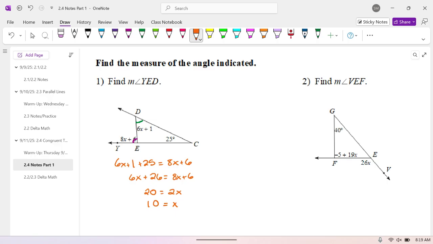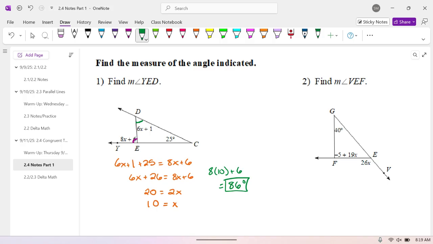So that's that purple angle. So how do I find that angle measure? Plug it back in for x. So I'm going to have 8 times 10 plus 6. And that'll give me 86 degrees. So my exterior angle would be 86 degrees.